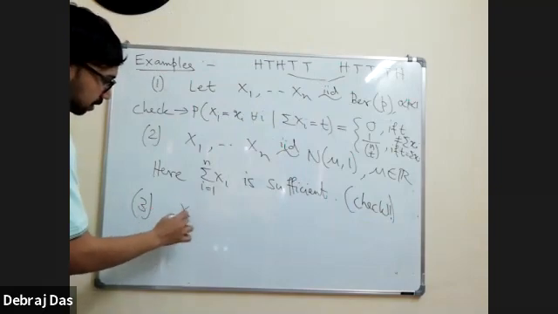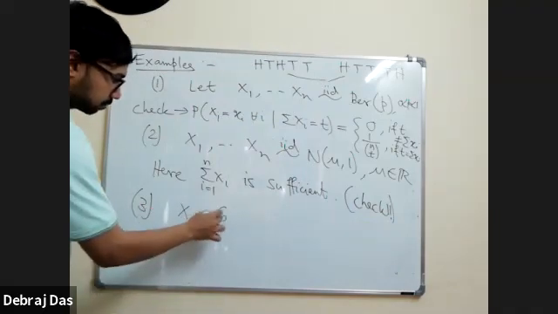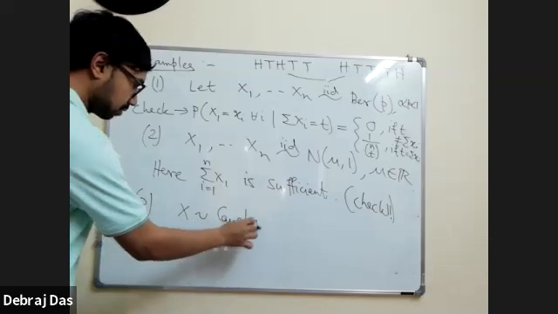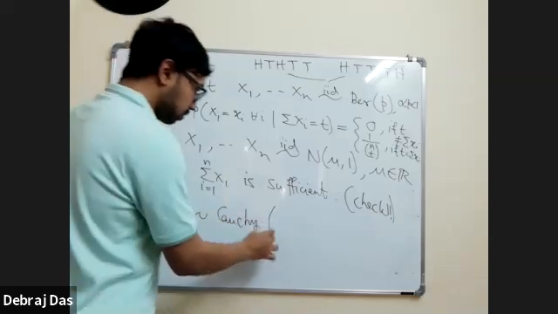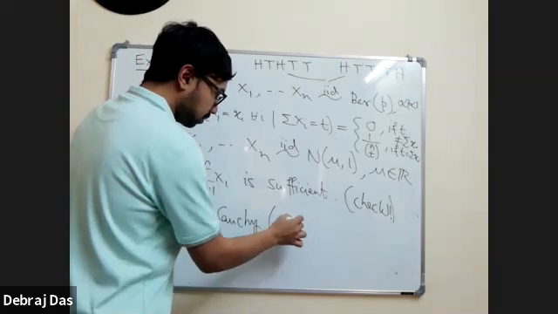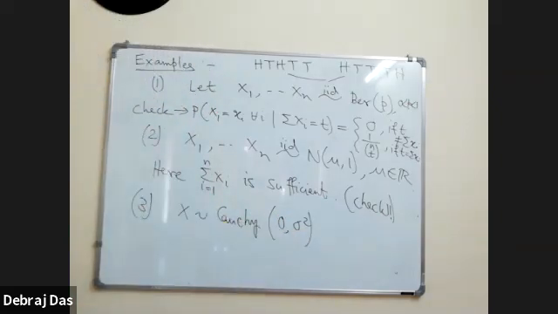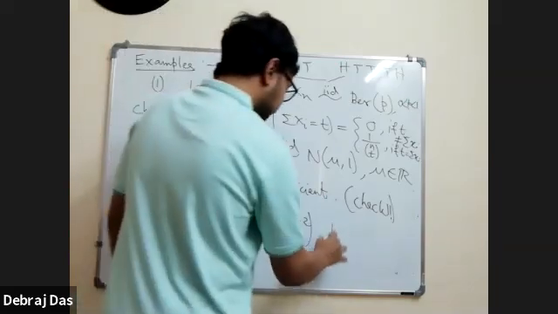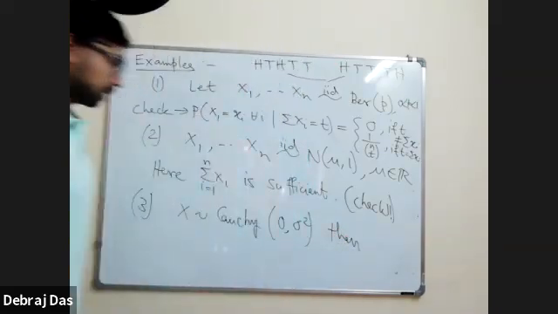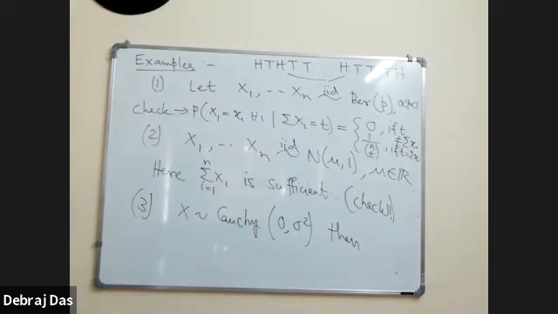Suppose you have only one observation, that is from Cauchy, let's say with parameters 0 and sigma square. This is simply the scale, nothing else. Then what is the sufficient statistic? Suppose you have only one observation.